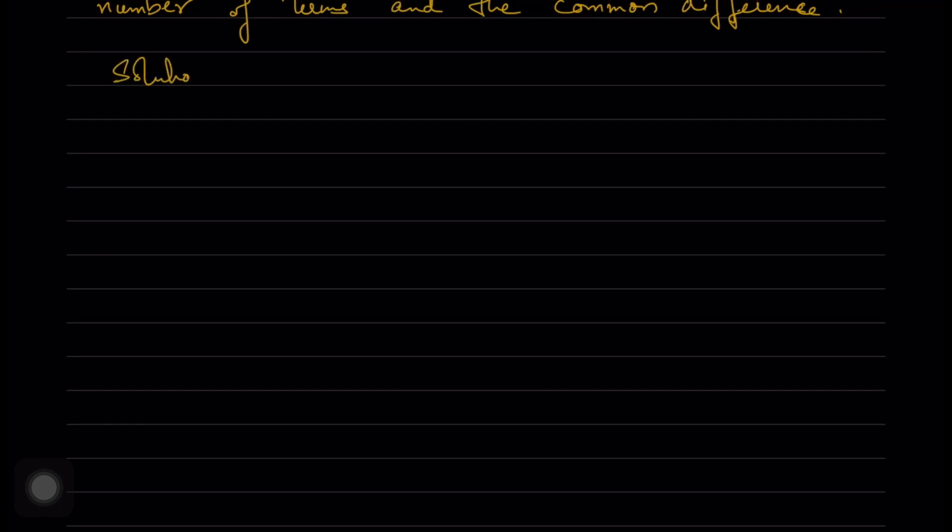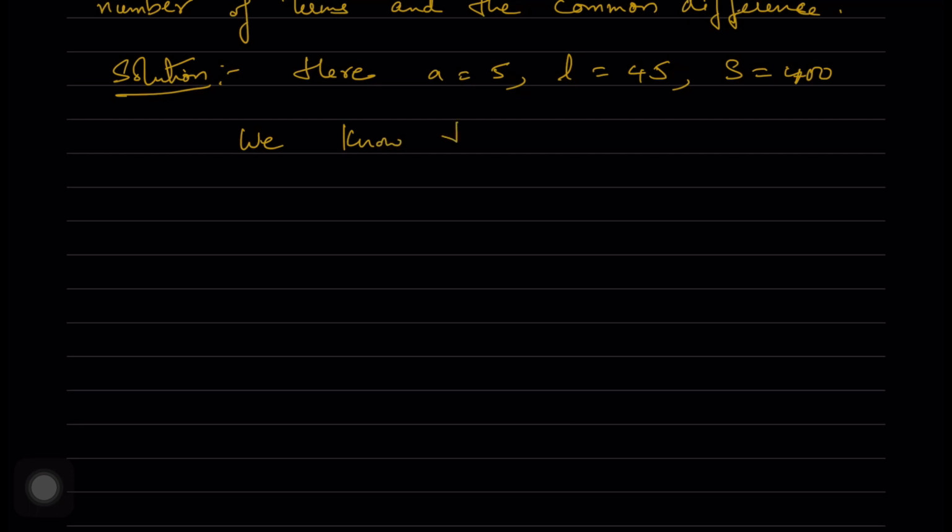So solution, here a is equal to 5, the last term is equal to 45, the sum of the n terms is equal to 400. Now we know that S is equal to n by 2 into a plus L. We don't know what is n, so we'll find out n over here.